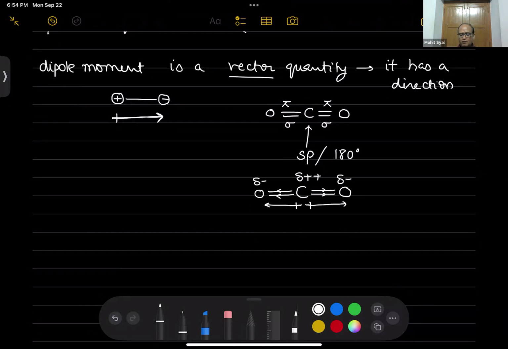You have two polar bonds, but because the dipole moment is a vector quantity, the overall dipole moment is the vector sum of the two dipole moments. This is going to be 0. Non-polar molecule. Why?